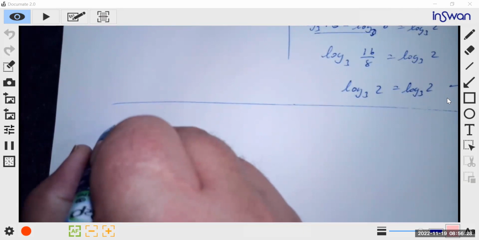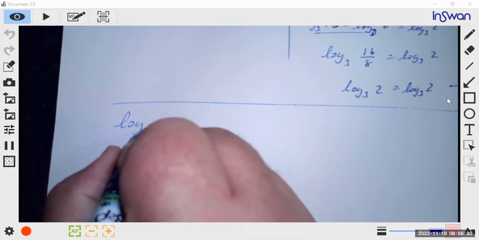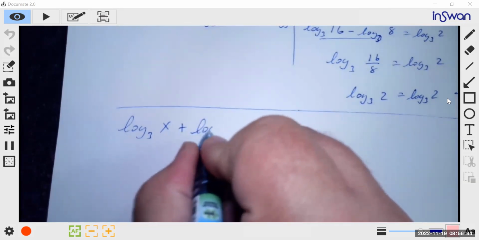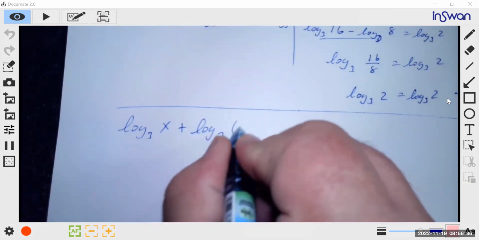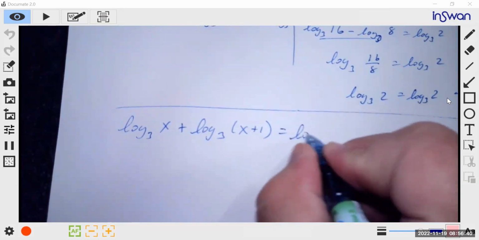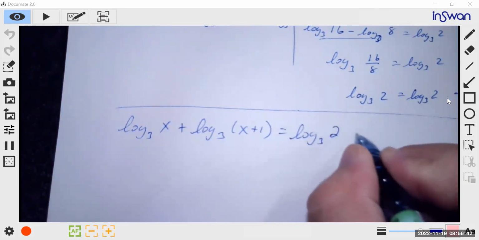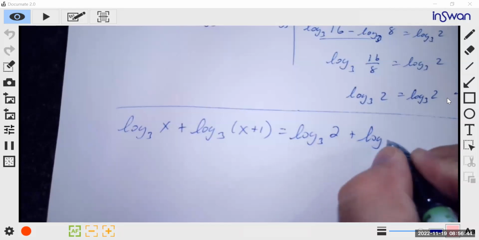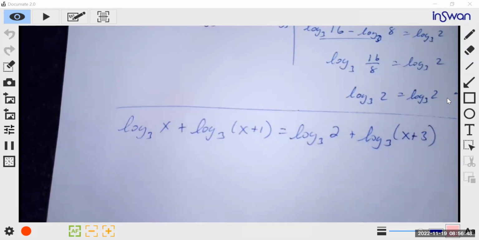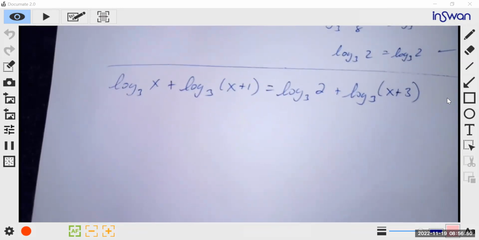What if we had logs on both sides? I mean, equations with logs on both sides. Treat them both separately.